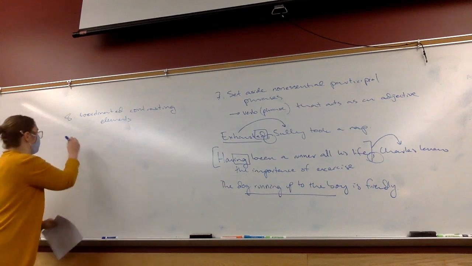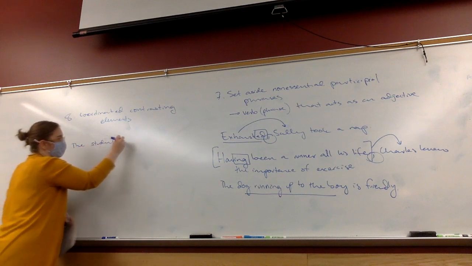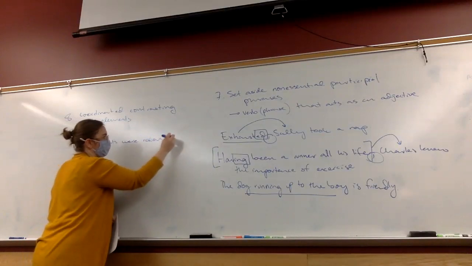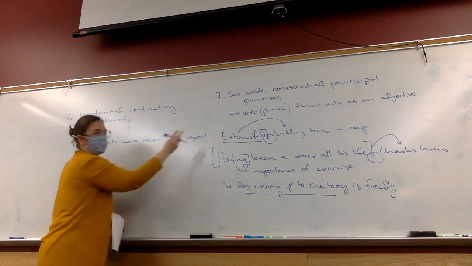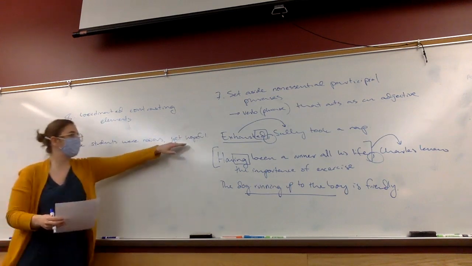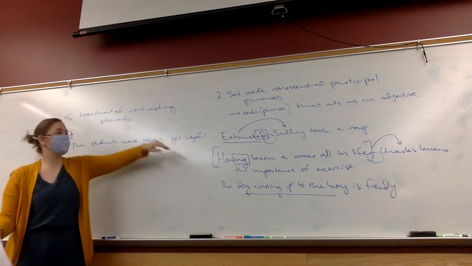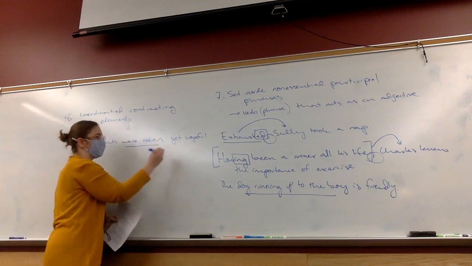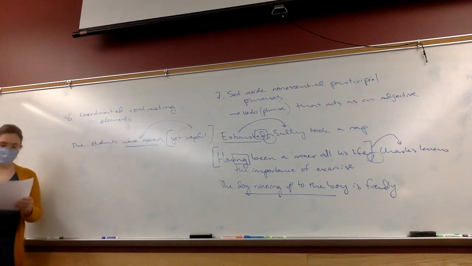So something like: the students were nervous, comma, yet hopeful. Here at the end, it's not a complete sentence. It's not any of the other rules that it fits into. It's its own little rule about coordinating contrasting elements.